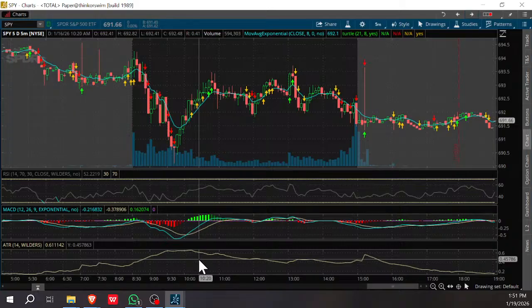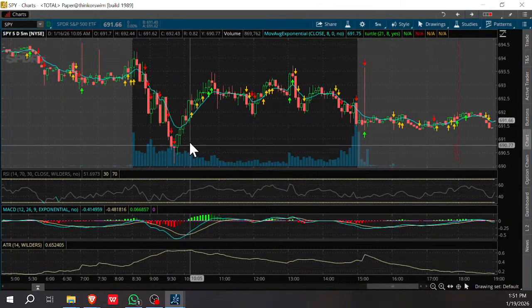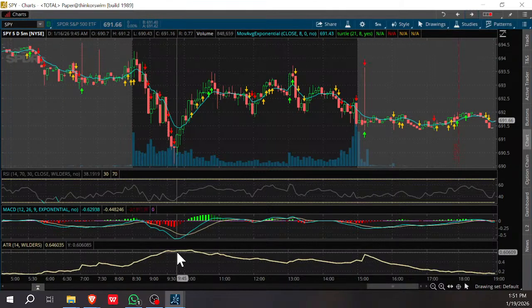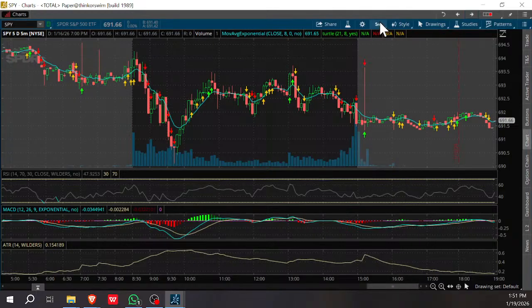You know, that's on $1, 60 cents is 60% for options. And for trading stocks, 60 cents is almost $1. That's a lot. But you can wait for the ATR to be at $1 and you'll know you have a $1 move.